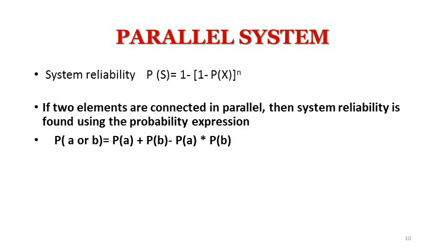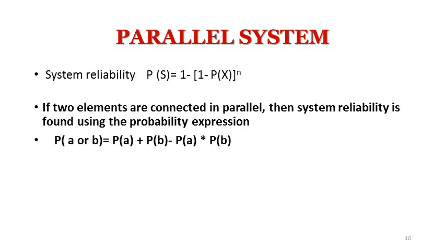If you have only 2 components, A and B, in the equation P of s equal to 1 minus, in bracket, 1 minus P of x, all raised to n, here n equal to 2, then P of s will be equal to P of A plus P of B minus P of A into P of B. We can learn that equation by heart.